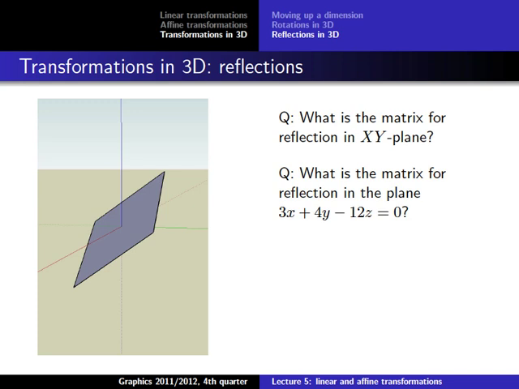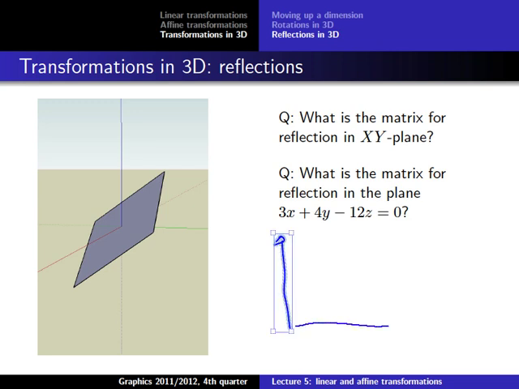Good. So what can we do if we have this representation of a plane and we want to reflect our vectors here, and we want to have the matrix that represents this reflection? Now remember, a reflection is a linear transformation. For a linear transformation, the column vectors of the matrix represent the images of the base vectors. So if I draw this, I'm trying to draw it in 2D version of 3D now.